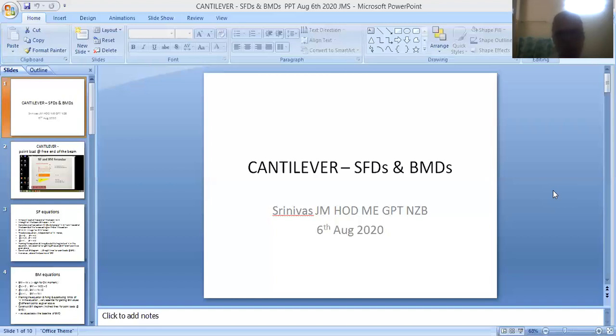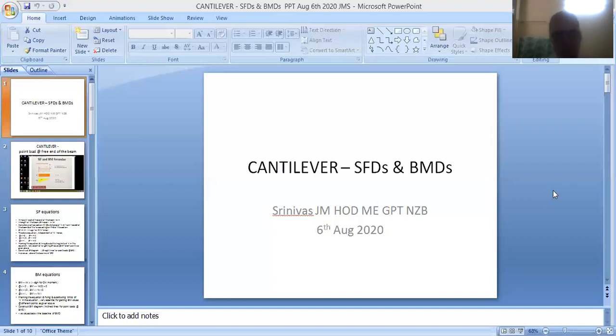As discussed in previous sessions, loads acting on a beam are generally classified into two categories, namely point load or concentrated load, and secondly, uniformly distributed load, which is called UDL.